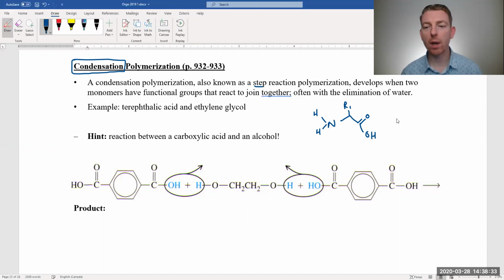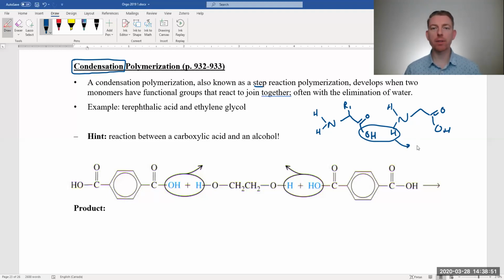So we said that when we had another one show up, this could react across these two functional groups to produce water, hence the term condensation, and also a new bond forming between the double bonded oxygen and, in the case of an amino acid, the nitrogen.